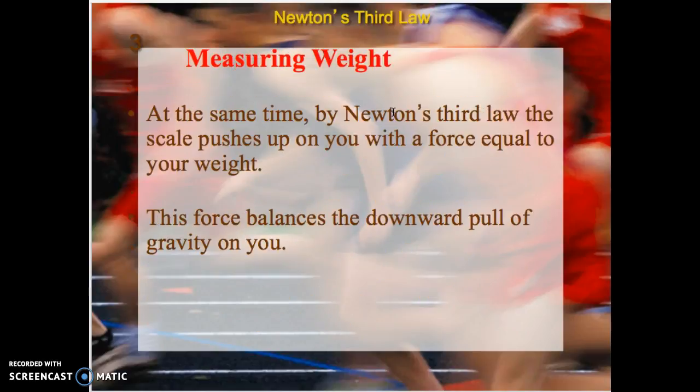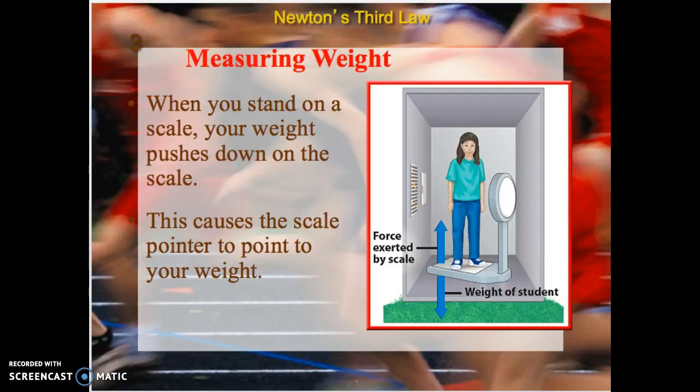We're going to end on this slide with measuring weight. At the same time Newton's third law is occurring, it happens also with our weight. This force is our gravity. If you're standing on a scale, like this girl here, she's putting her weight into the scale, and that force is being exerted, and gravity is pushing down on her as well.